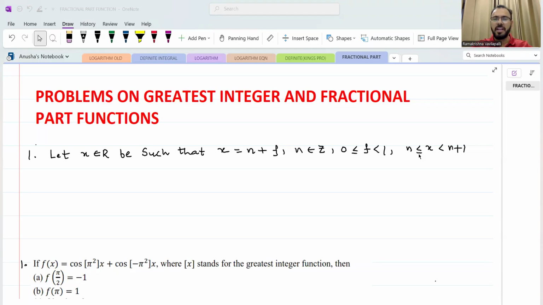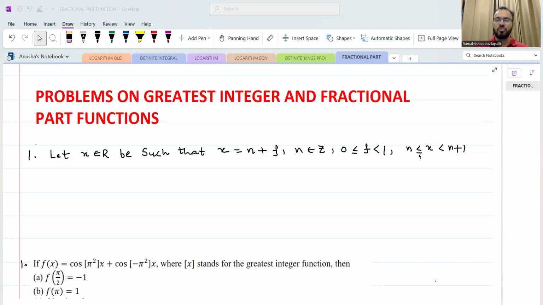In this video, I'm going to explain a few problems related to greatest integer function and fractional part function. In the previous videos, greatest integer function class 1, I have explained what is greatest integer function and how to draw the graph of greatest integer function.